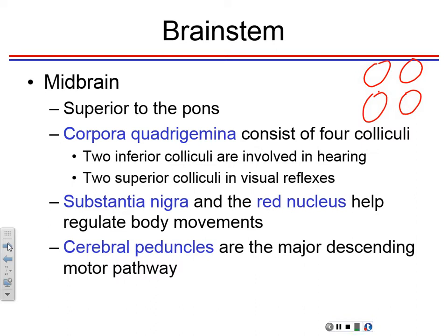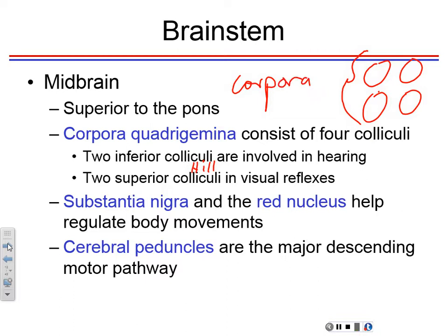Colliculus is a Latin word meaning heel, and there are two of them. All these parts are called the corpora quadrigemina, which we'll cover when we do brain structure in AB2.